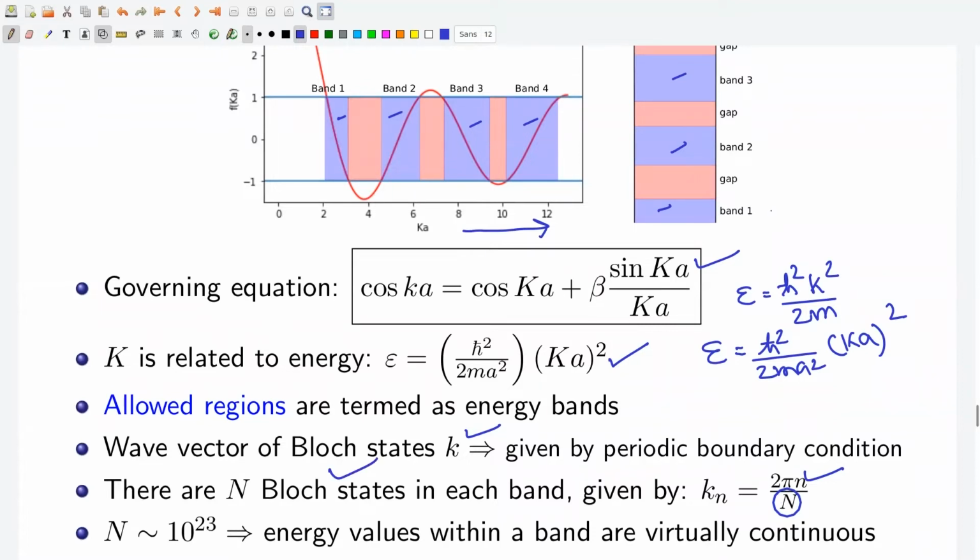So that means band 1 has N states, band 2 has N states, band 3 has N states, and so on. And if we apply Pauli's exclusion principle, then we can put a maximum of 2N electrons in the first band, 2N electrons in the second band, and so on. Width of each band generally varies from 1 to 10 eV.